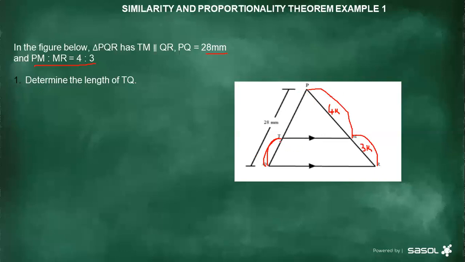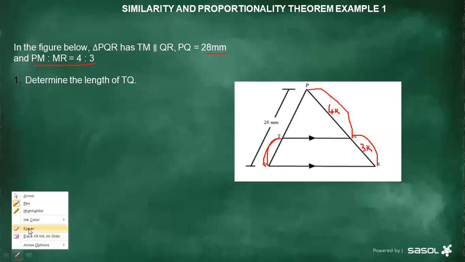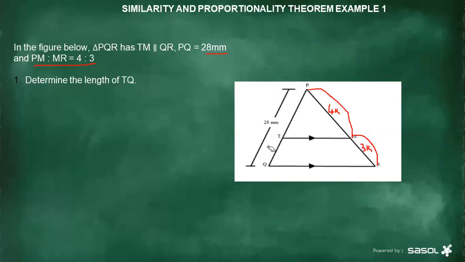Now, the fact that we said TQ divided by PQ, let me just show you. Let me start afresh here. We said TQ divided by PQ. Then on this side it's going to be MR divided by PR. Can you see that?